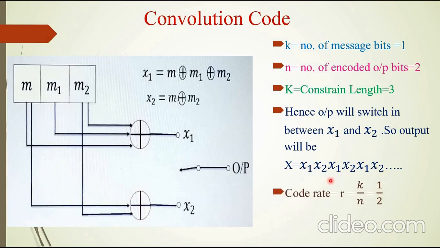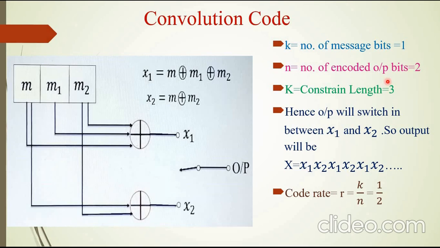When you want to calculate the code rate, what is the code rate? Code rate is denoted by R, which is K by N, where K is the number of message bits and N is the number of output encoded bits, which I have already discussed.